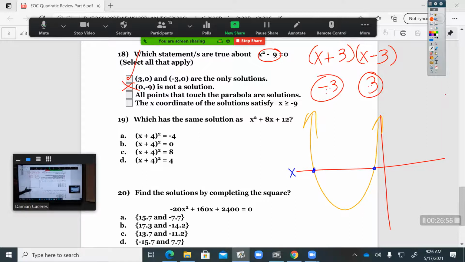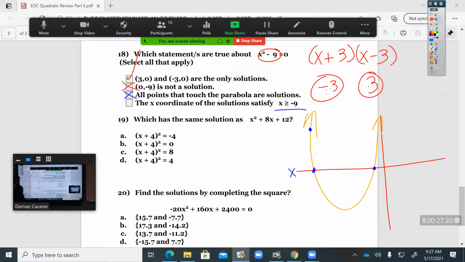That's what a solution is for a quadratic function, where it touches the x-axis. Is this a solution? No, it touches my parabola, but it's not a solution. So that tells you all points that touch the parabola are solutions. Is that true? Of course not. Only the ones that touch the x-axis. So we know that that is untrue also.